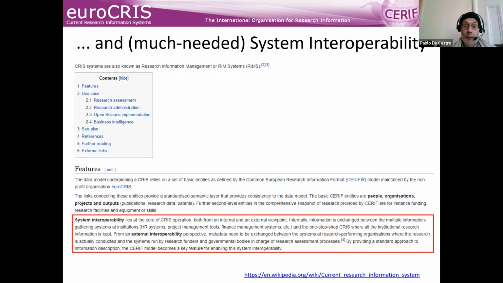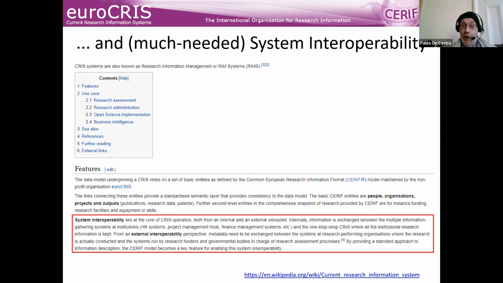They're collecting information on finance, how much budget is allocated to a project, or how much of a fee is being paid to make specific papers open access. All that is kept in the finance management systems internally at institutions.